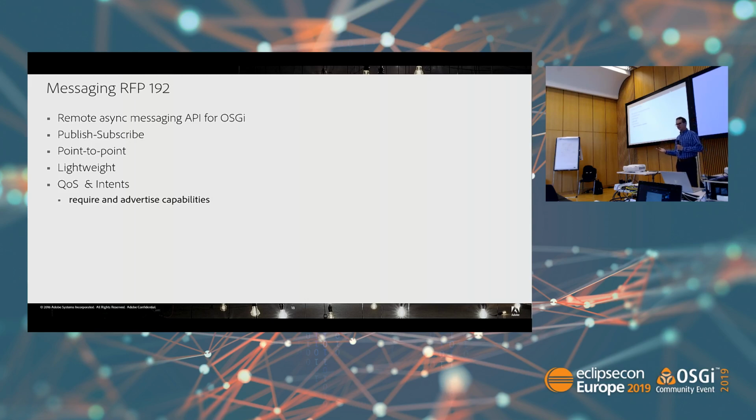Many of the specs, even though they're developed in one place, are also usable in another place. Messaging is typically an enterprise topic, but the IoT world needs this as well, and if we made this too heavyweight, then the IoT expert group would simply say, we can't use this because it doesn't run on our embedded devices.